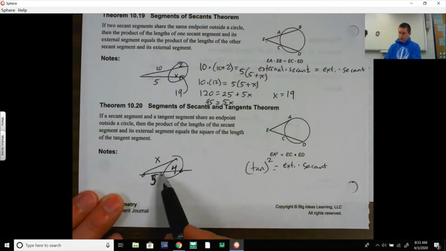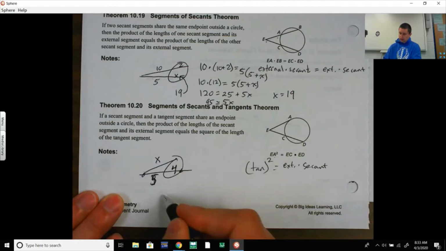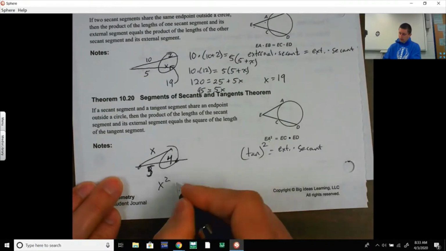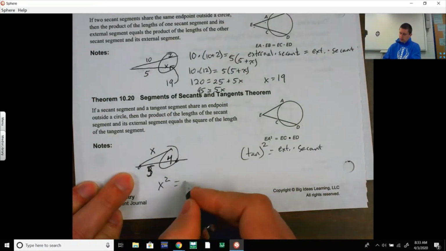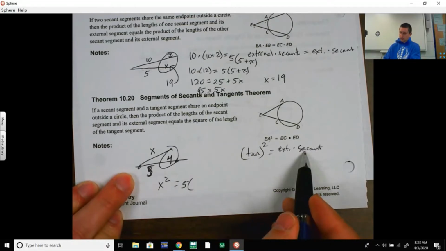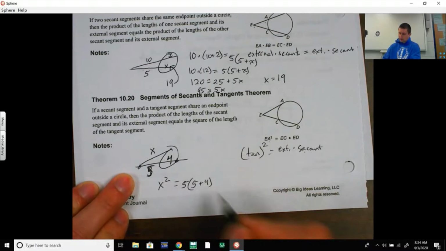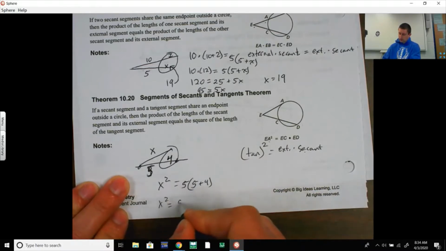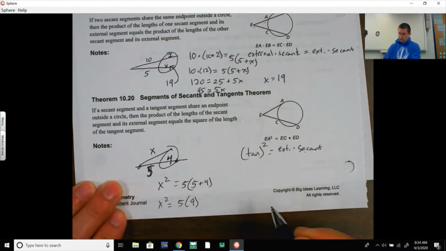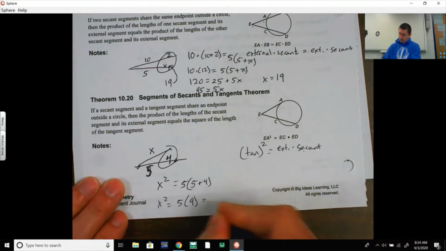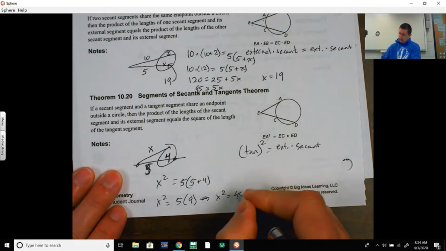We know my secant has parts 5 and 4. So I have to take the tangent and square it, and that has to equal the external, which is 5, times the secant, which is the total length, 5 plus 4. So that's going to be 9. So x squared equals 5 times 9. So x squared equals 45.